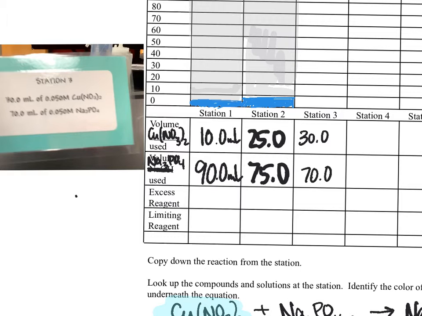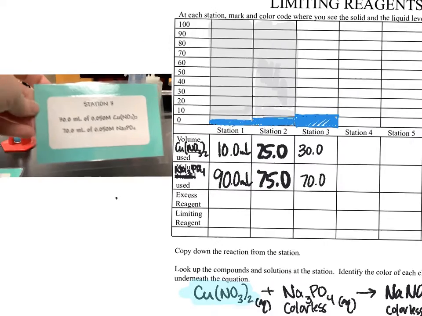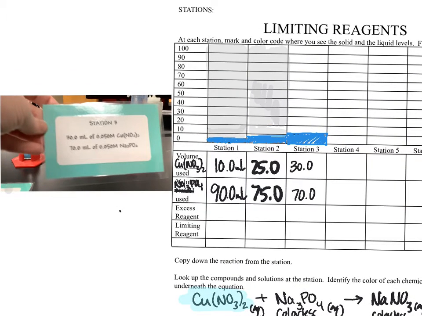We're going to have to fudge some things just a little bit. We did have some precipitate stuck to the side. And this is going to be colorless above. Should be. It got stuck.